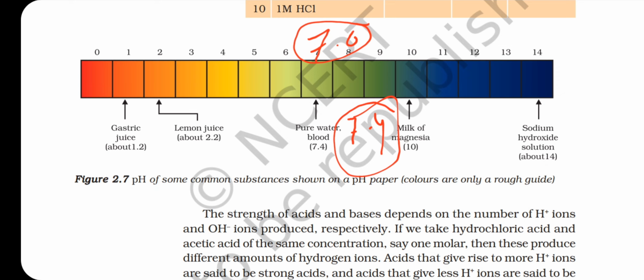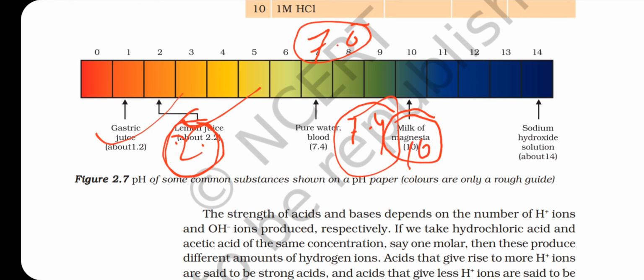Lemon juice is very acidic, with a value of 2.2, and gastric juice is 1.2. Milk of magnesia, which acts as an antacid when there is acidity in our stomach, has a pH value of 10, and the pH value of sodium hydroxide solution is 14, which is highly basic in nature.